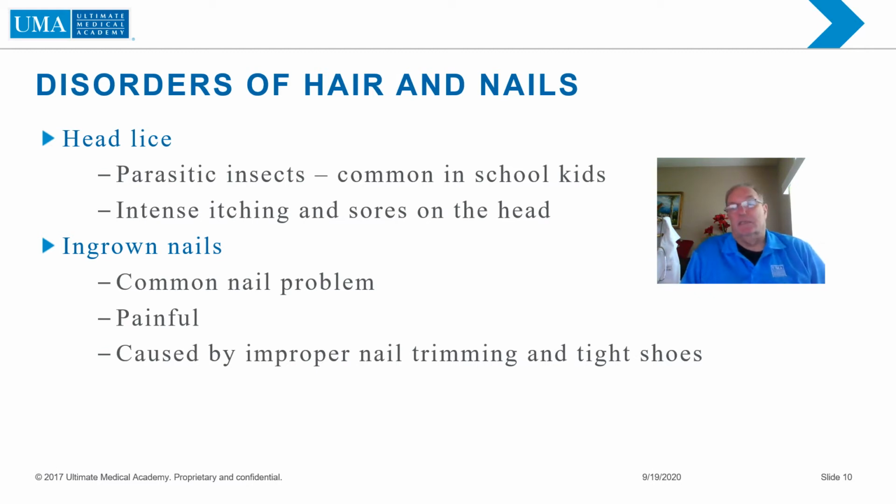Parasitic insects in school children, head lice, can jump around from child to child as they play. Usually it can be resolved by good hygiene, and there are medications over the counter to rid head lice. Ingrown nails can be quite painful, and tight shoes are a cause.